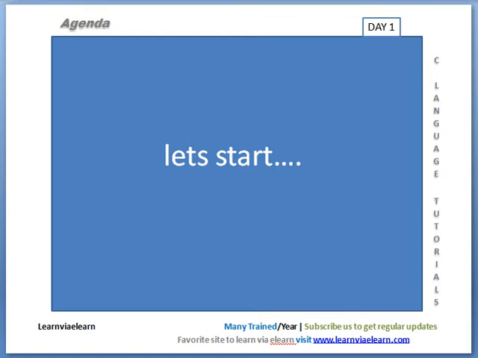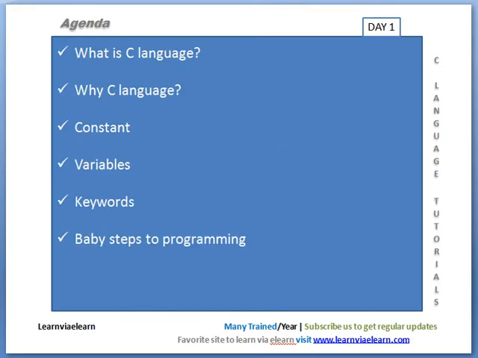C language is a programming language developed at AT&T's Bell Laboratory of USA in 1972. It was designed and written by a man named Dennis Ritchie.